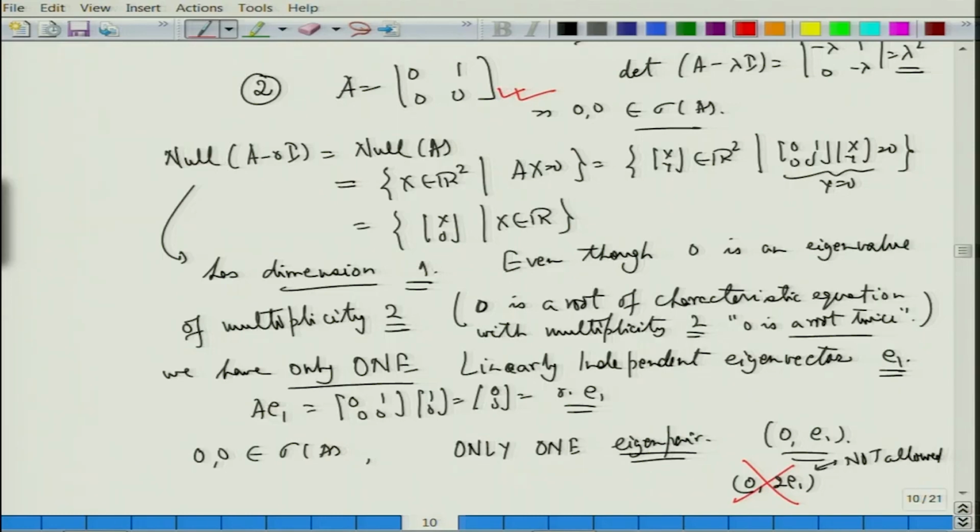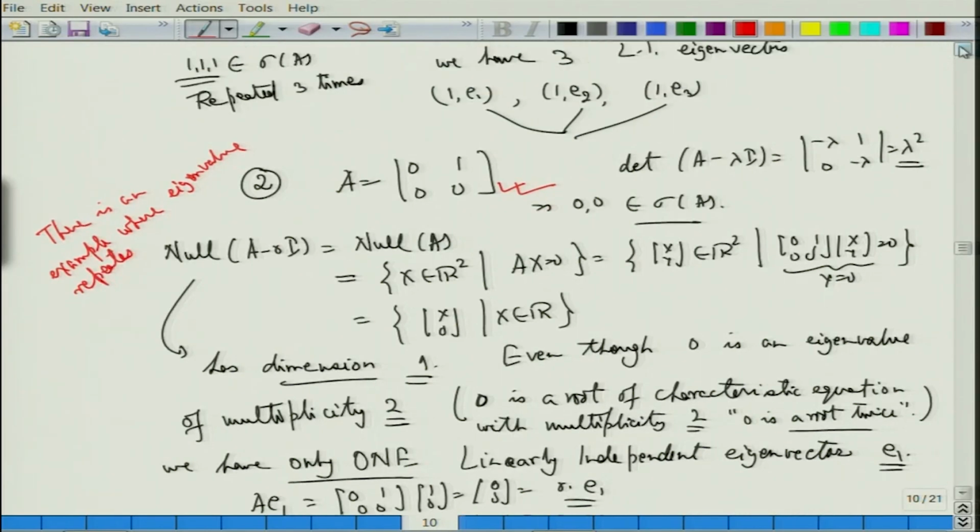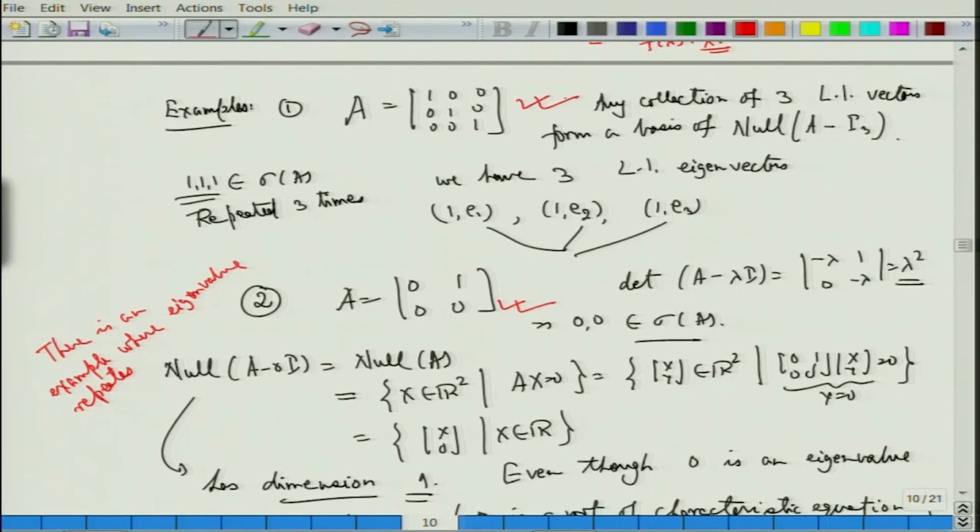So there is an example where eigenvalue repeats. Fine. There was a repetition in the previous example also, which was identity for us, all right. There was a repetition there also, but there we had all the linearly independent eigenvectors.